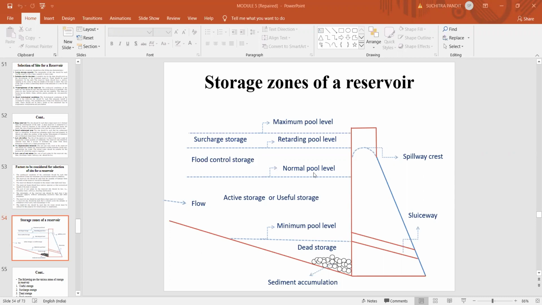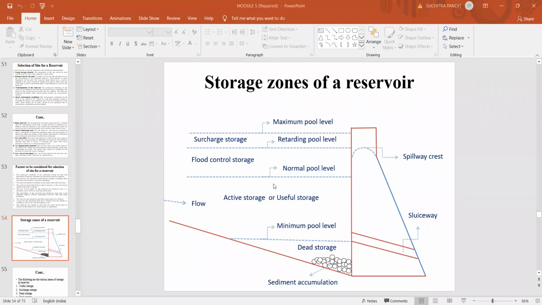Next, from this normal pool level to the minimum pool level. Here, instead of maximum pool level, let us call this the retarding pool level, because this portion cannot be stored in the reservoir. You have a line over here, which is known as the minimum pool level.